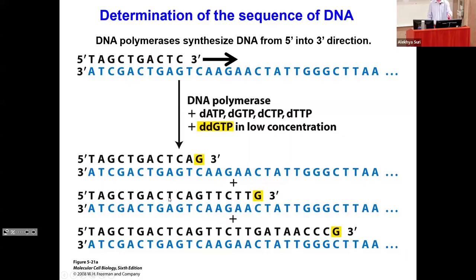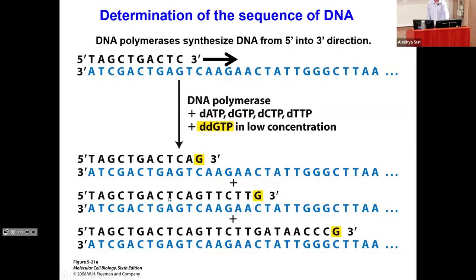You determine the order of the nucleotides by sequencing, which means you have 4 nucleotides, A, G, C, T, and you would add some nucleotide that will stop synthesis.